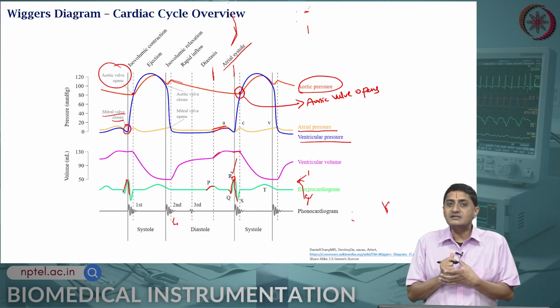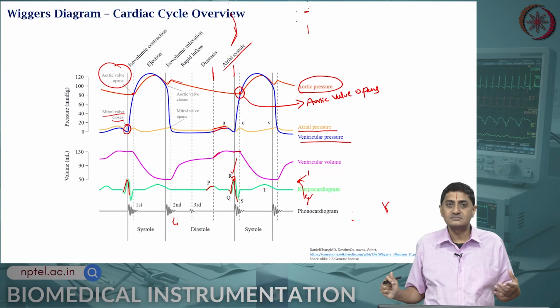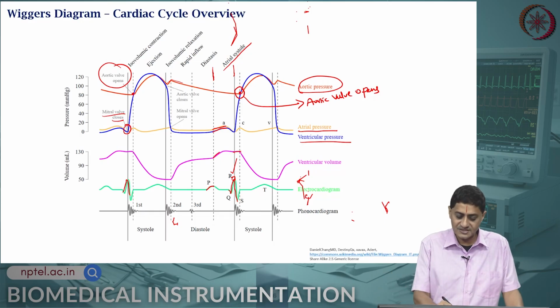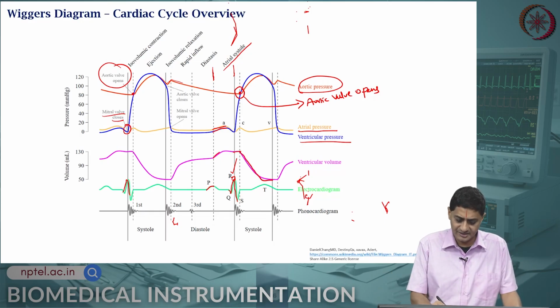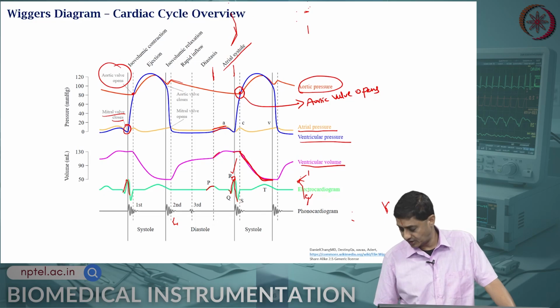What will happen when the aortic valve opens? The blood that was stored in the left ventricle gets quickly ejected out into the aorta, leading to a sudden drop in the volume. That is the reduction in the ventricular volume due to the opening of the aortic valve.